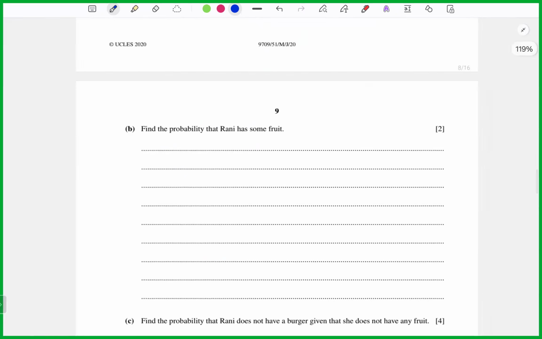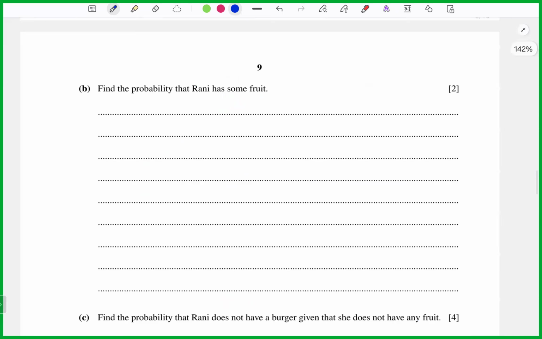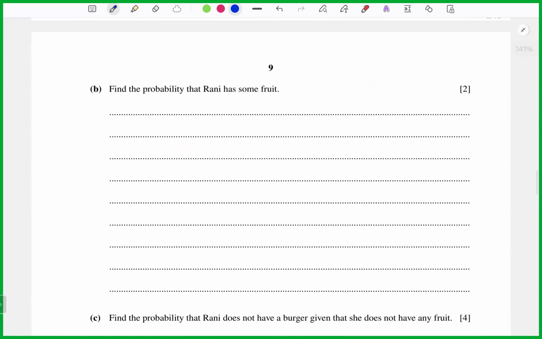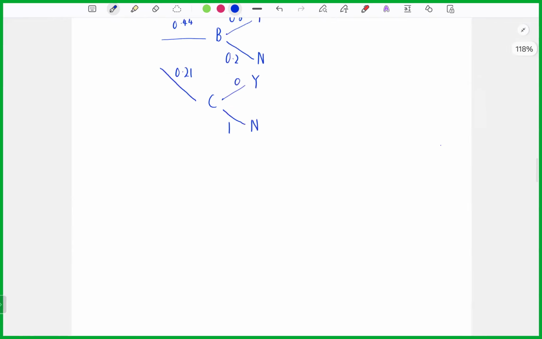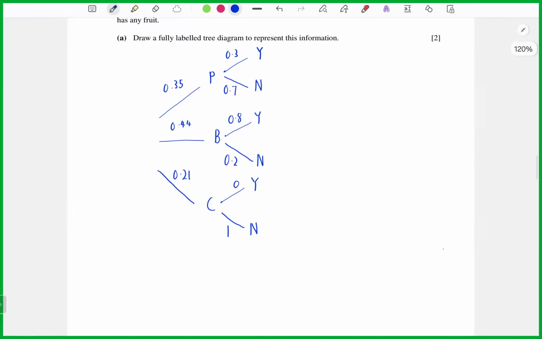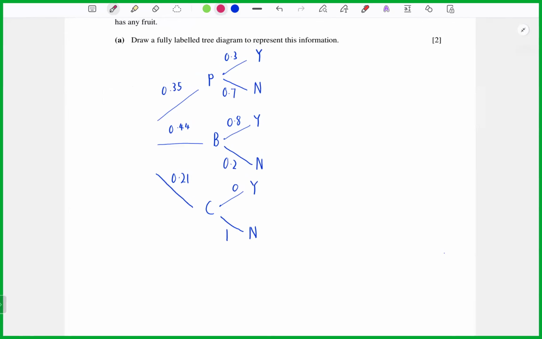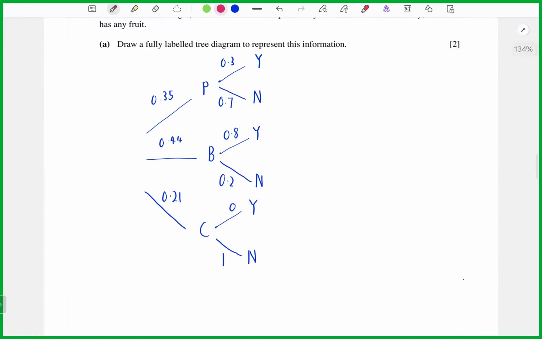And then now we try looking at question B. Find the probability that Rennie has some fruit. So she wants to have some fruit, right? So we look at the tree diagram here. Now you can see my ticks on this part.